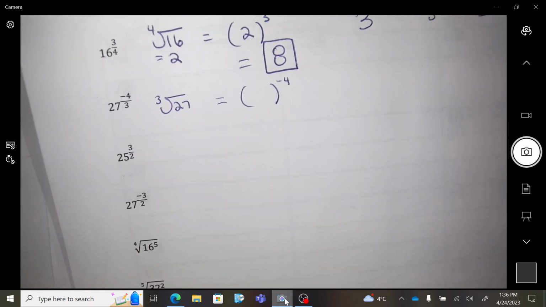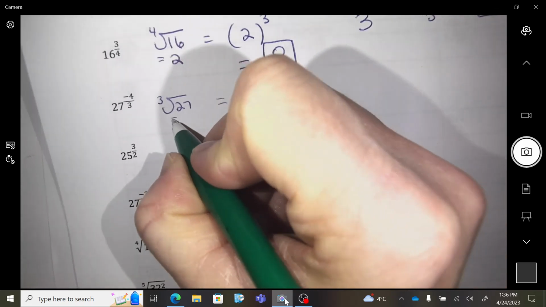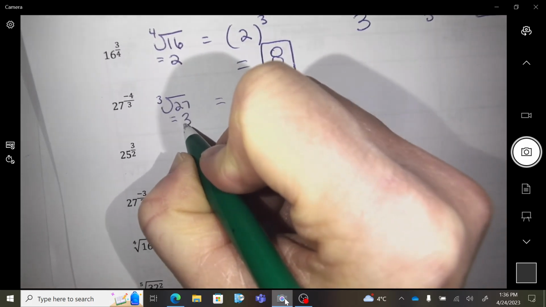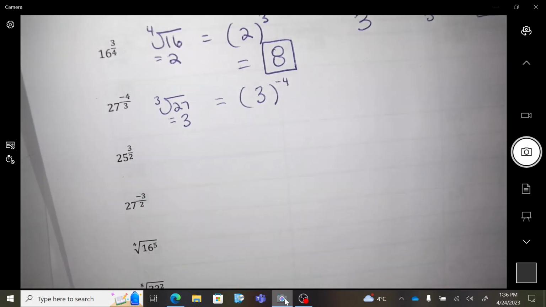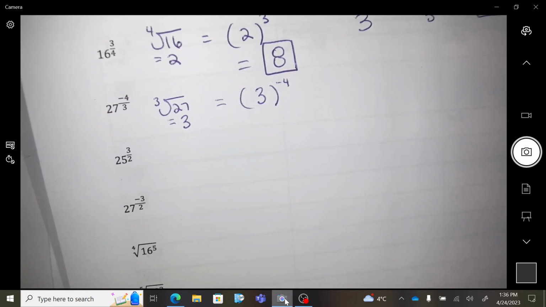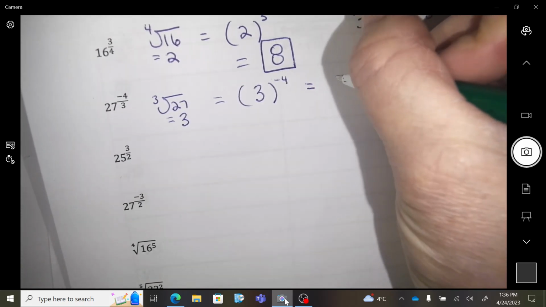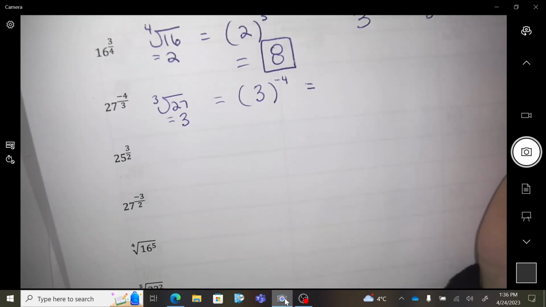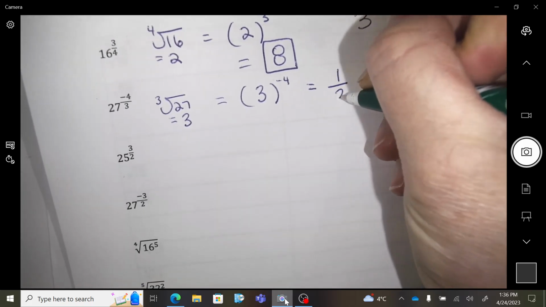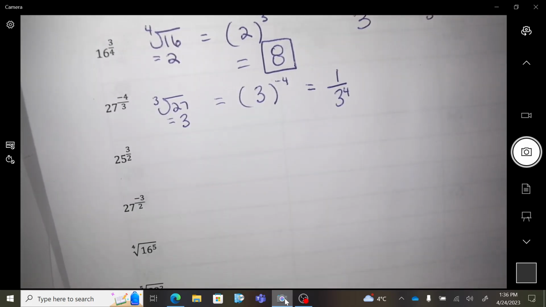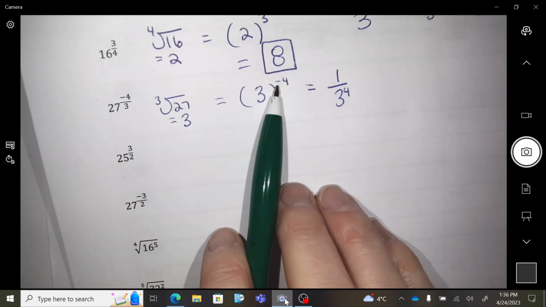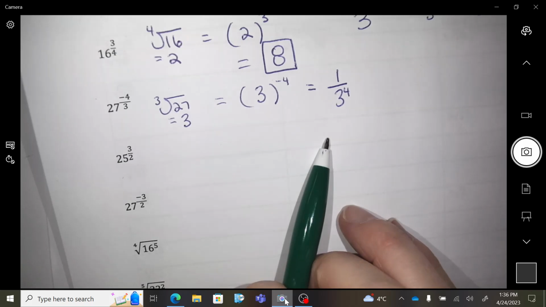Okay, what is the cube root of 27? 3. And then 3 to the -4. What do you do with negative exponents again? Put them in a fraction. 1 over 3 to the 4th. Negative exponent rules, flip them to the other part of the fraction.